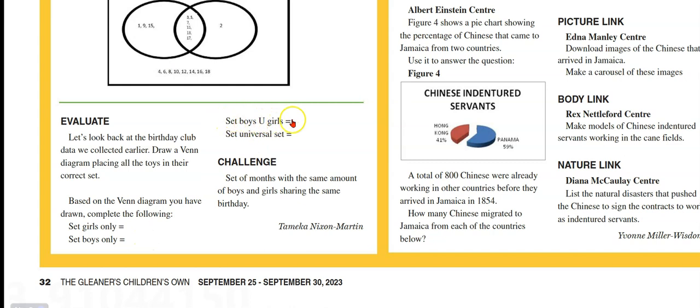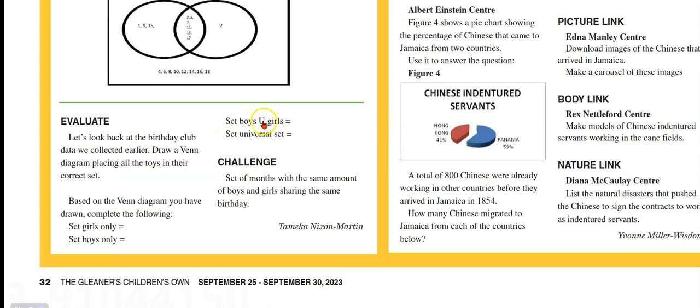That's a union. It can't be the union here because we have the universal set. Alright, maybe, let's see. The set of boys, the union of the boys and the girls, and then the universal set.